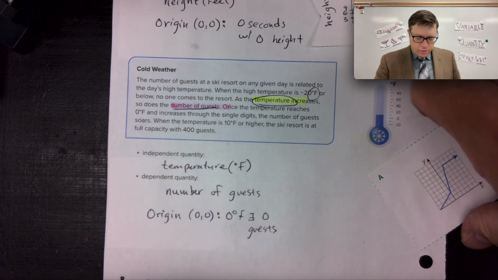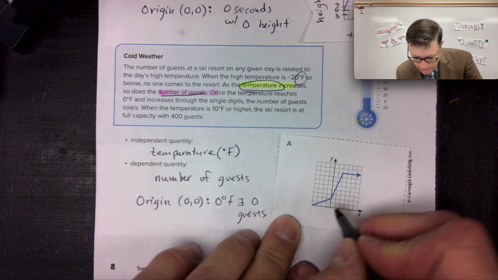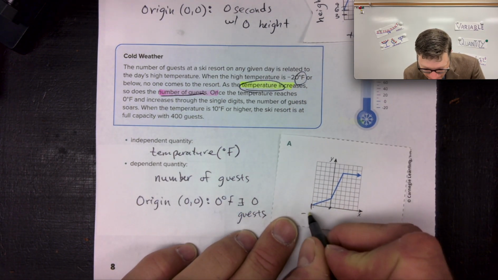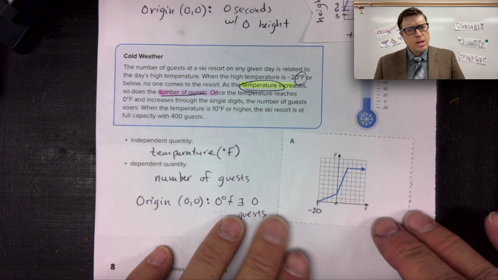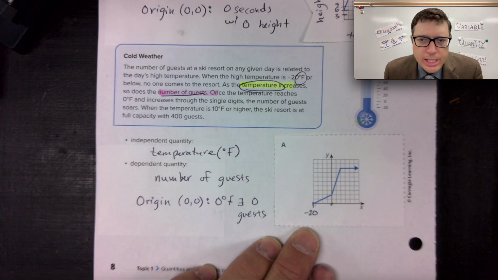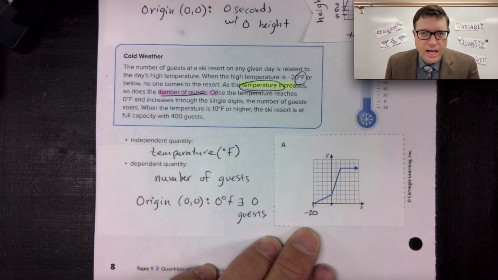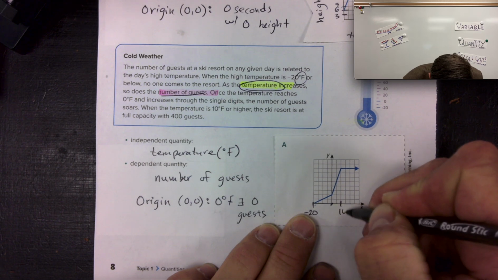Which is not true because we have a different scenario in the graph that says over here at minus 20, we have 0 guests. That also tells us then when the temperature is 10 degrees Fahrenheit or higher. Oh, okay, 10, right here, 10 degrees.